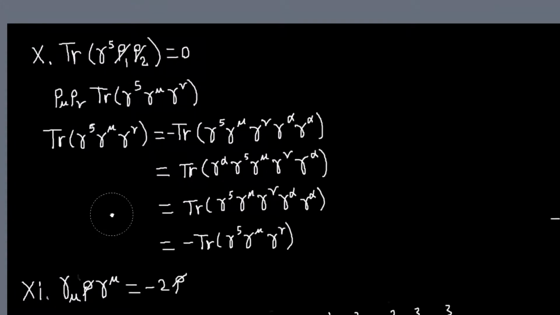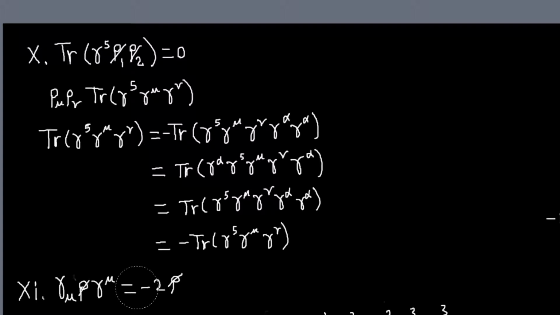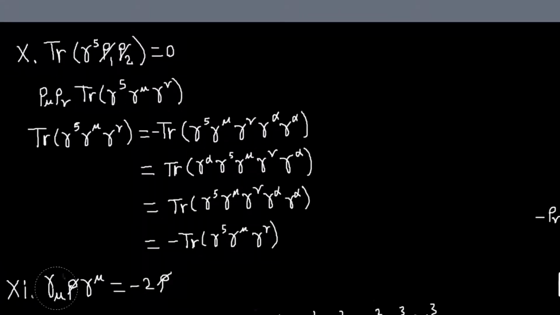The next one is proving this thing. This confused me at first because it involves this gamma mu with a lower index, and it's not that there's another matrix gamma mu that has a lower index.